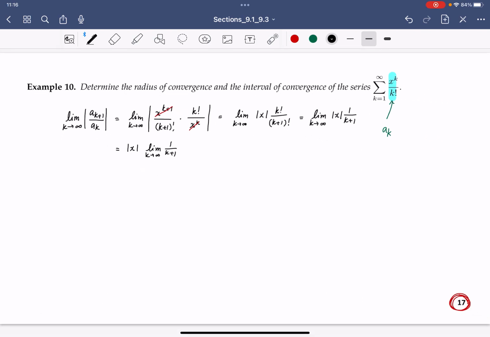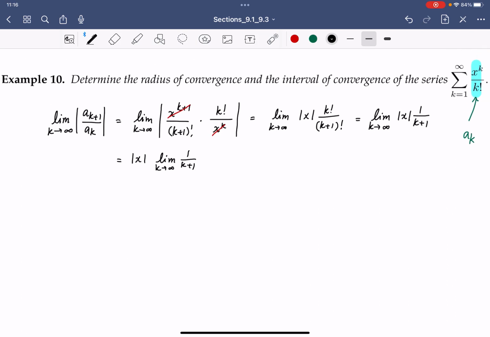What is the limit of 1 over k plus 1 here, where k goes to infinity? 0, right? So it's going to be absolute x times 0, which is 0, right? Because x is just one number that you're trying to plug in, and absolute x times 0 is 0, less than 1.